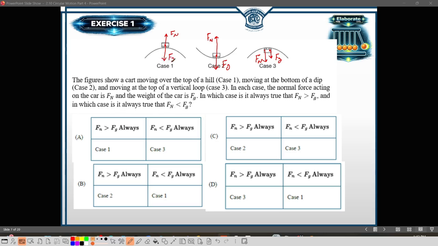Now let's break down the cases and take each case individually. Here, in all of the cases, we will have centripetal acceleration, which means we will deal with centripetal force. The centripetal force is actually the net force acting along the centripetal direction.